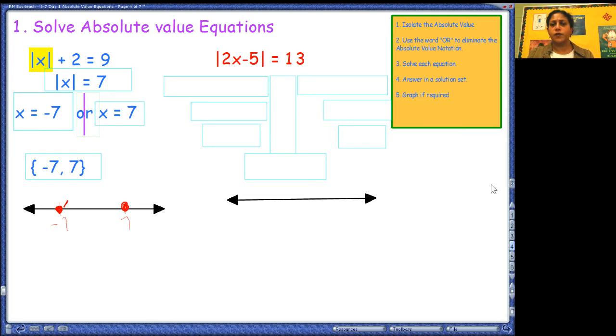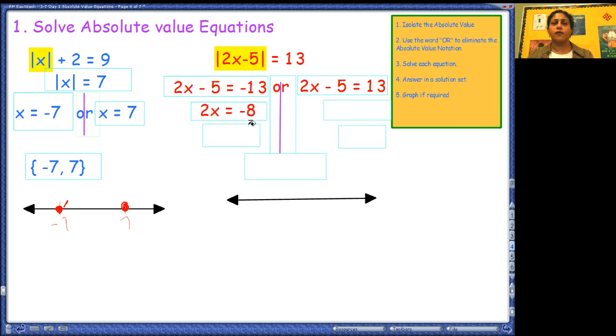Let's try the next one. In this case, when you highlight the absolute value, which includes the absolute value sign, you know that if the absolute value of something is equal to 13, you're going to put the word or with a line in the middle. On the right side, without the absolute value, 2x minus 5 is equal to 13. On the left, 2x minus 5 is equal to -13.